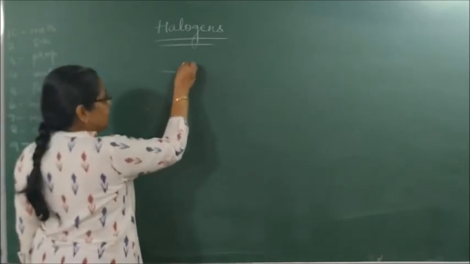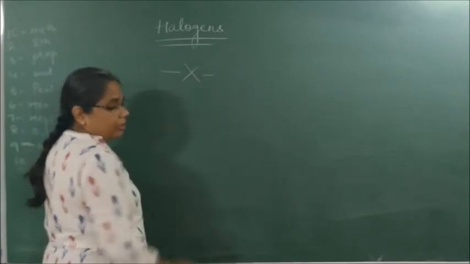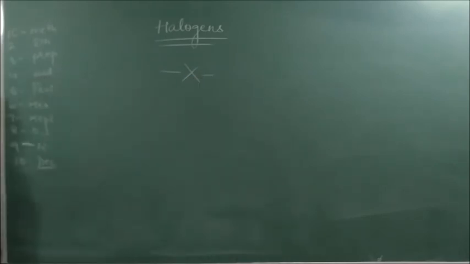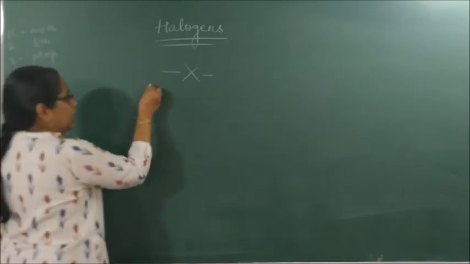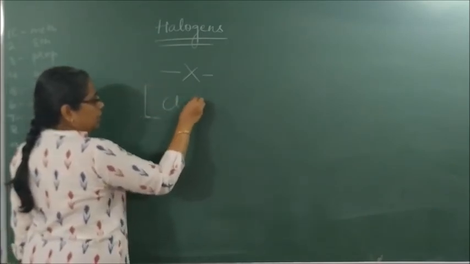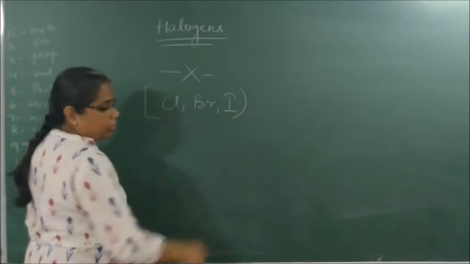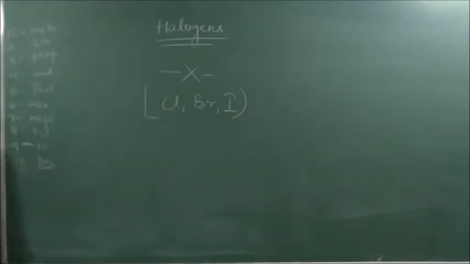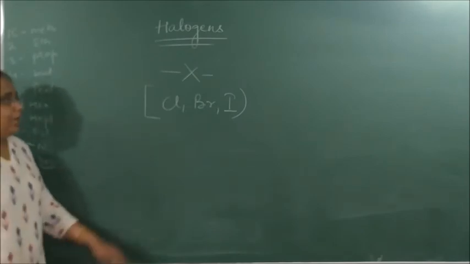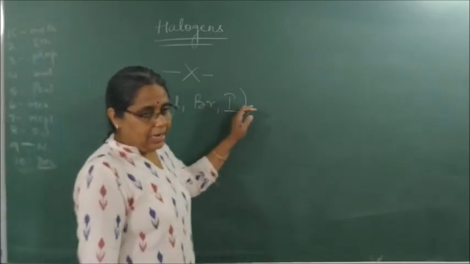Halogens basically are represented as X. And what do halogens include? They include Cl, Br and I. Cl means chlorine, Br bromine, I iodine. So we are mainly looking at Cl, Br and I.